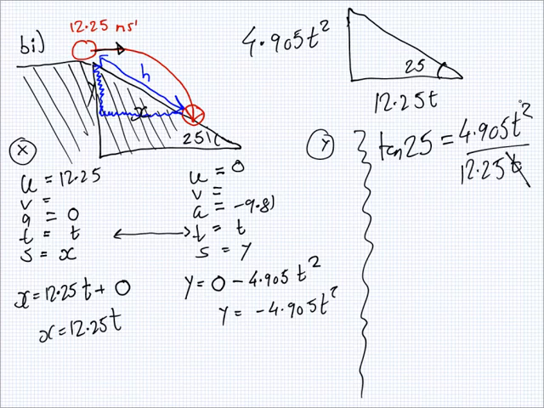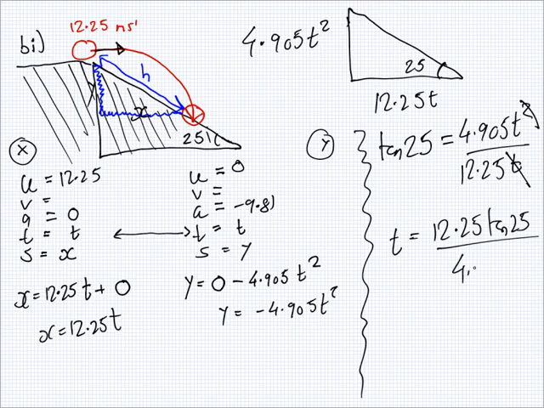The t's cancel, and you get t equals 12.25 tan 25 over 4.905. Boom. Now you would never have thought of that, right? But now if you see something like this, you know this is how to do it.